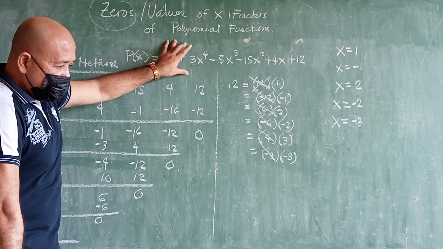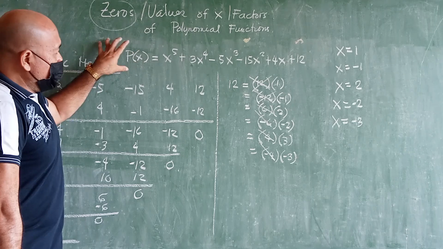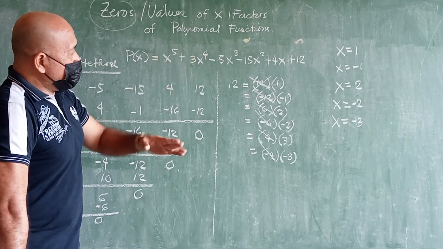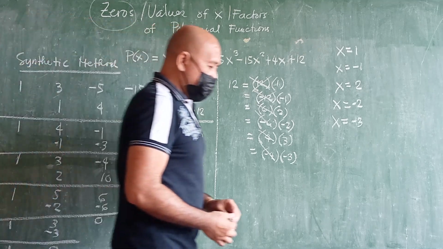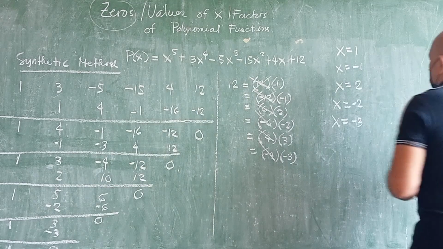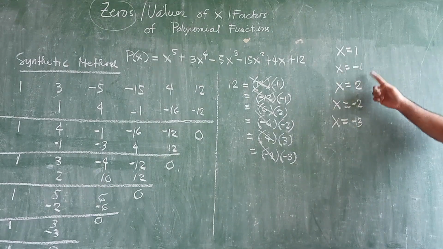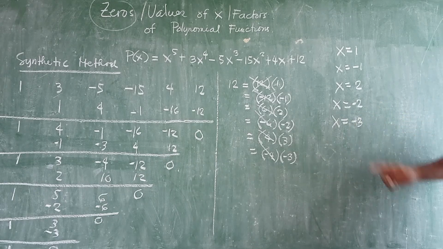And that means also that when we try to graph this given polynomial, the graph of this will pass through the x-axis, where x is equal to 1, negative 1, and positive 2, and negative 2, and negative 3.